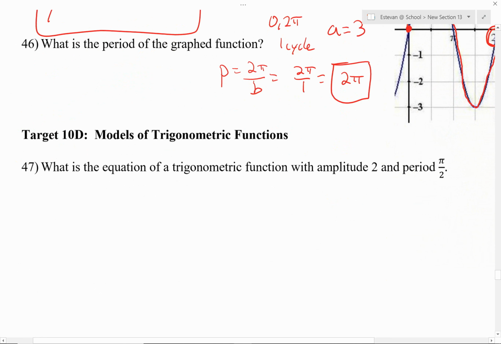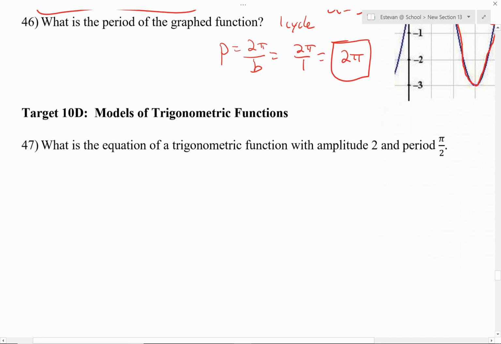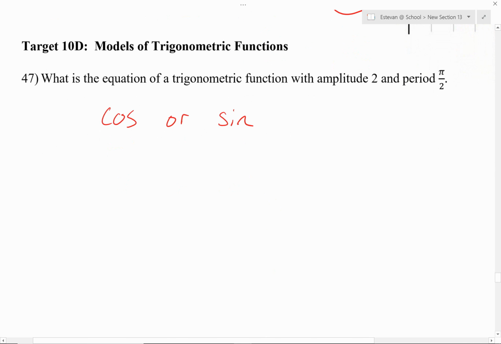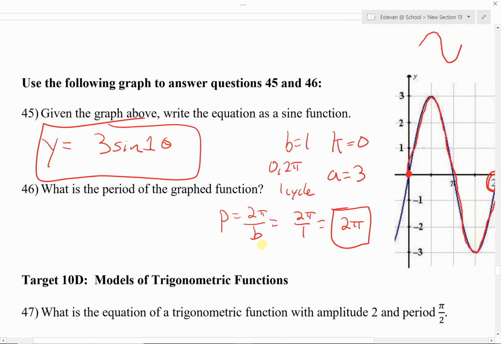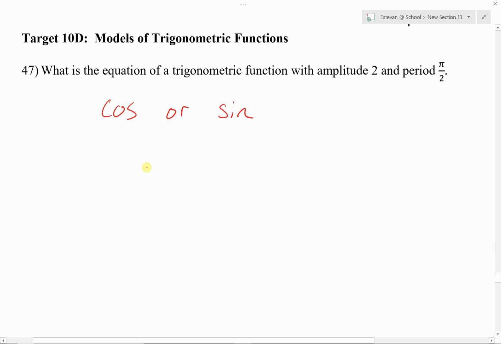47. Write the equation of a trigonometric function with amplitude 2 and period pi over 2. Well, it could be cosine or sine in this case. Since we haven't seen anything from cosine, let's just write a cosine equation.